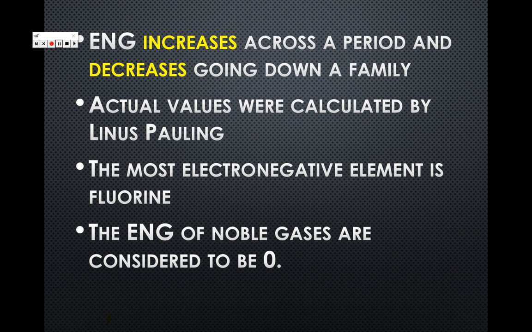Because they don't bond naturally, they are not going to have a tendency to pull electrons towards them, or their tendency is non-existent at 0. Okay, so you'll see variations of that.